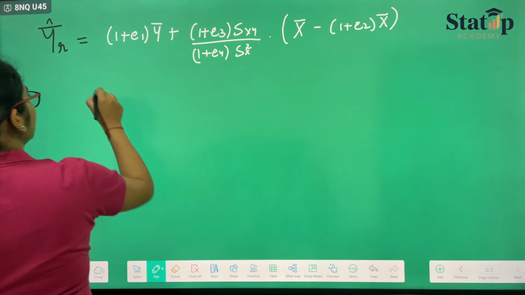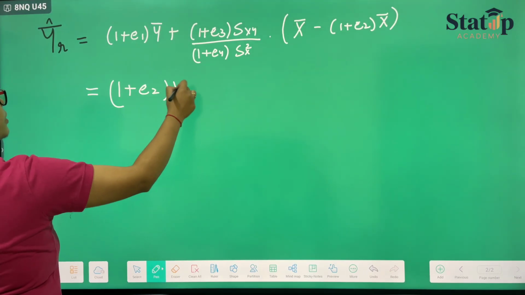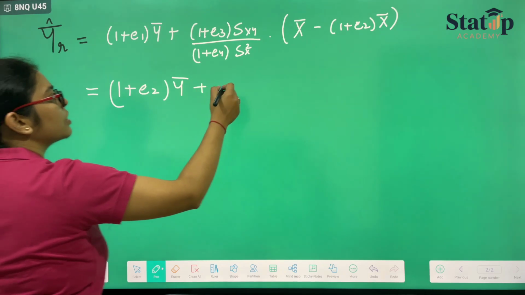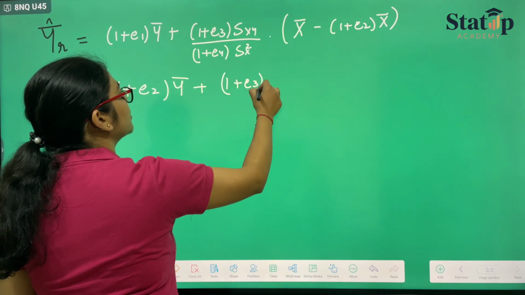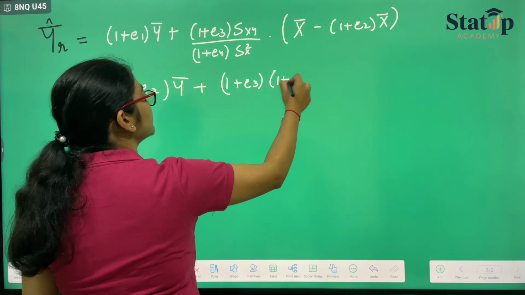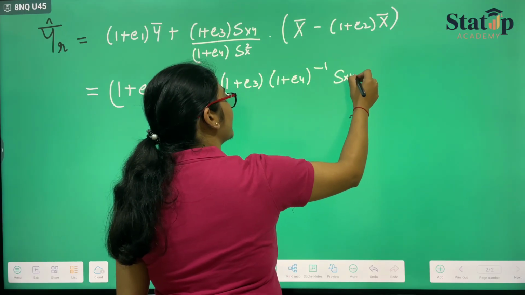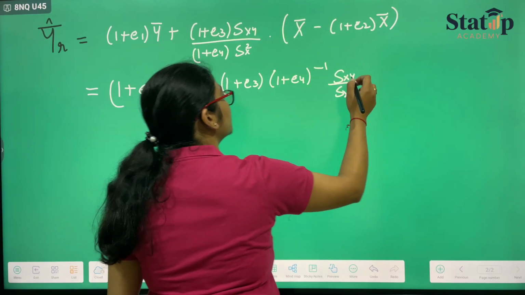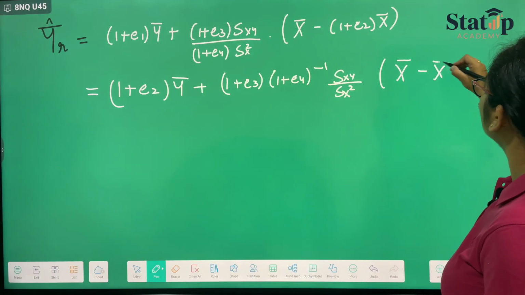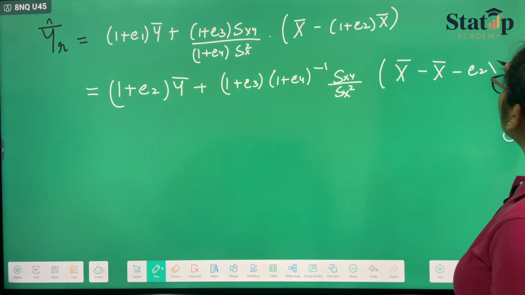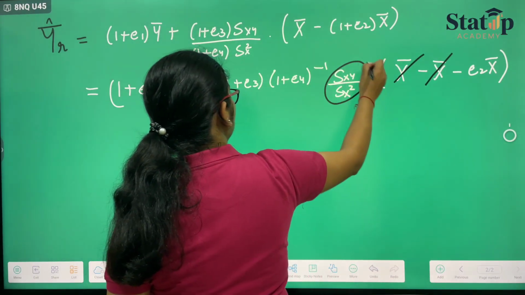Now solving this equation, we will get 1 plus e1 y bar plus 1 plus e3 into 1 plus e4 raised to the power minus 1 Sxy upon Sx square into capital X bar minus capital X bar minus e2 capital X bar. This and this will get cancelled. This is nothing but beta.